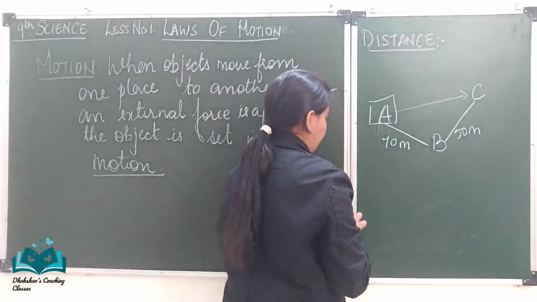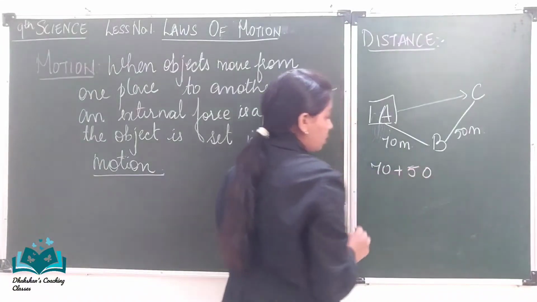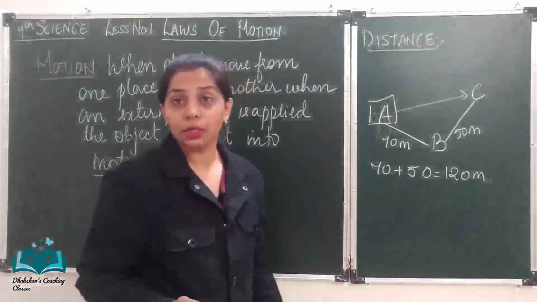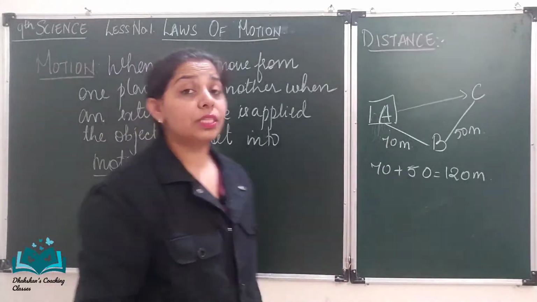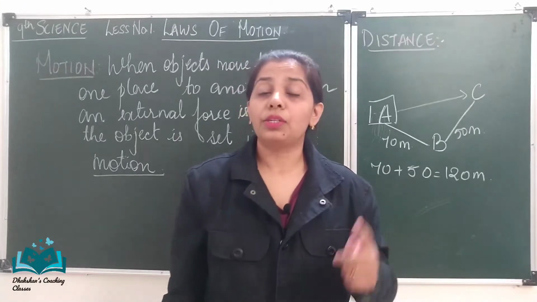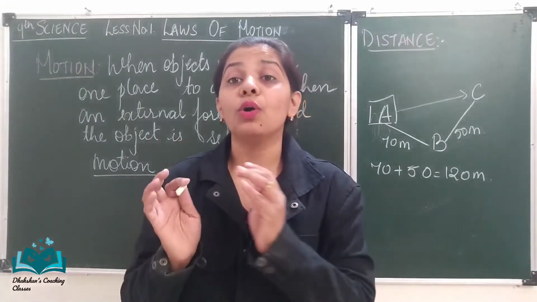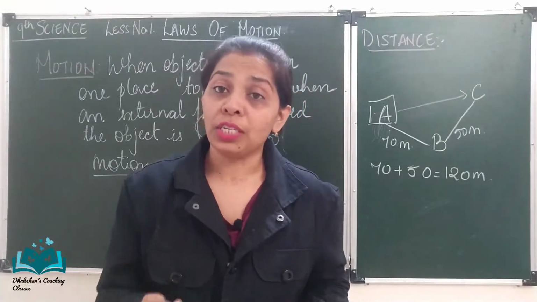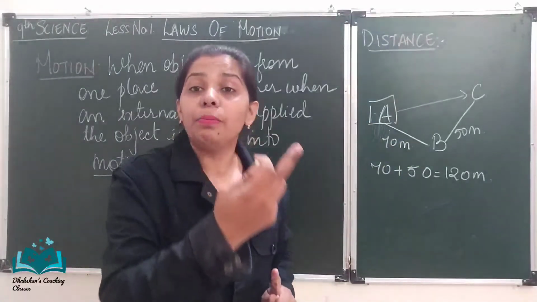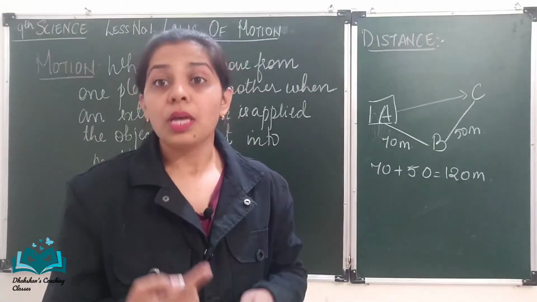It will be 70 meters plus 50 meters. So it gives me 120 meters. So distance can be defined as the actual path traveled by an object to reach a particular position. So what is the path that I travel? I travel from A to B and then B to C. So this is your distance.